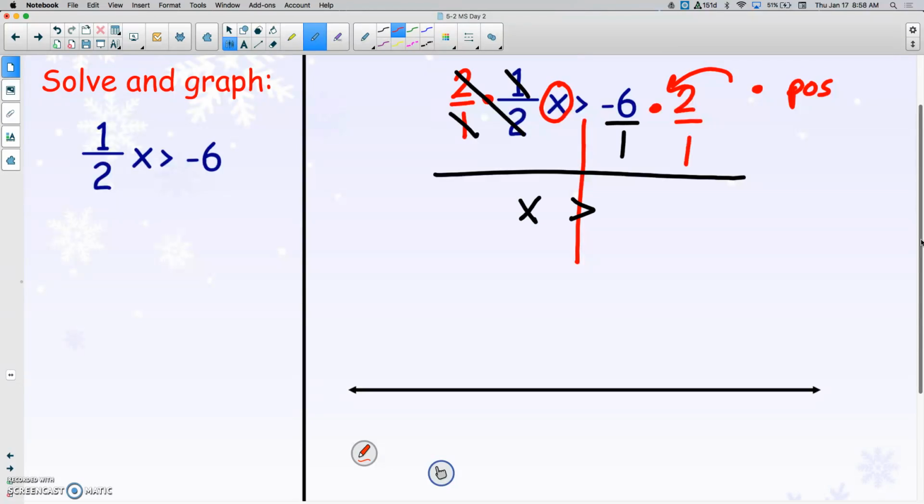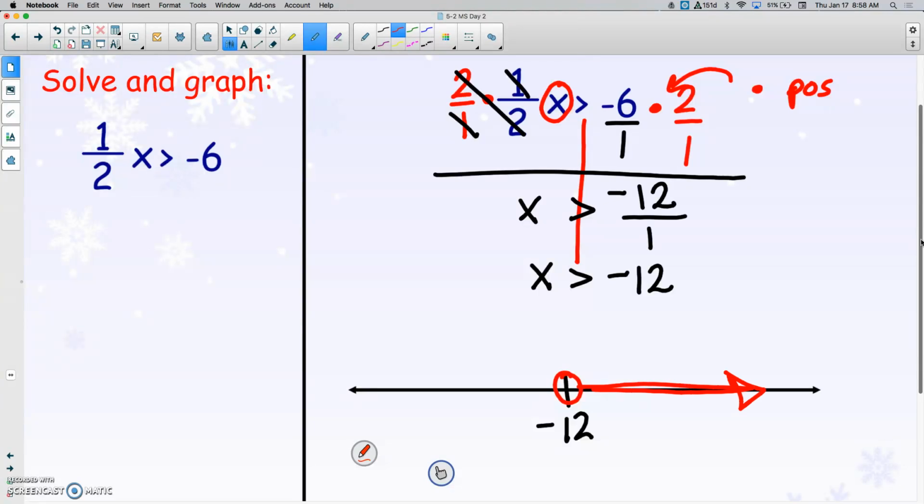Put a 1 underneath the negative 6 and multiply straight across. Negative 6 times 2 is negative 12. 1 times 1 is 1. So negative 12 divided by 1 is negative 12. So on my graph, negative 12, open circle, greater than goes to the right, and to the right of negative 12 is negative 11 and negative 10.